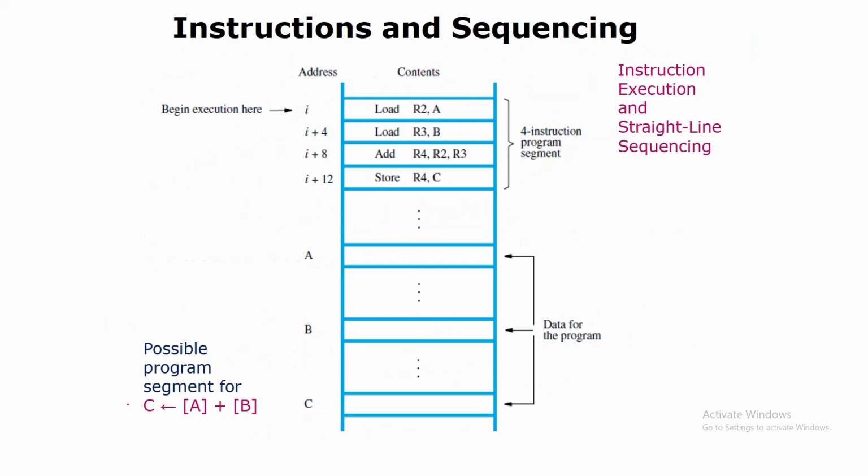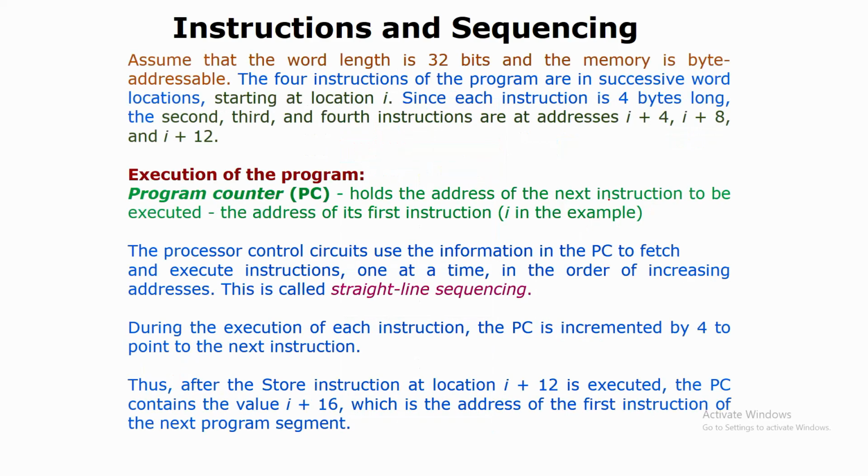So these are load R2, A, load R3, B and add, which have been diagrammatically represented here.